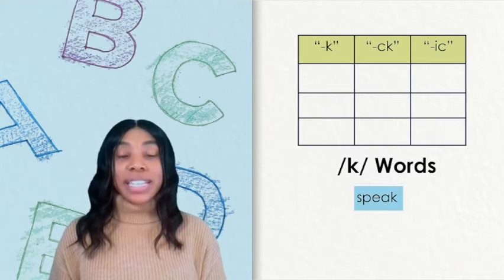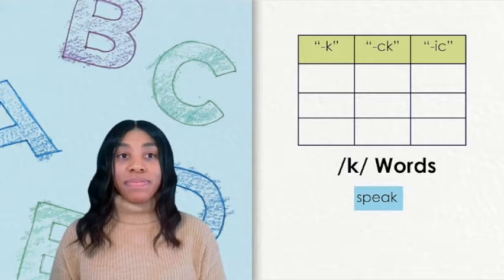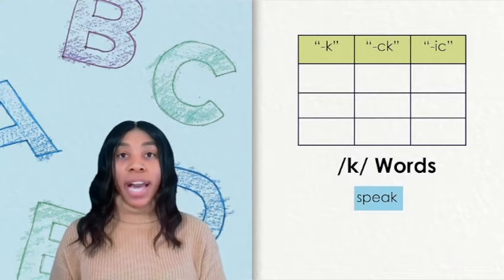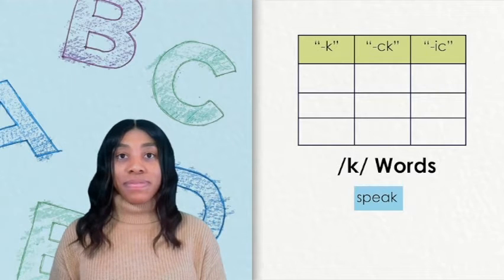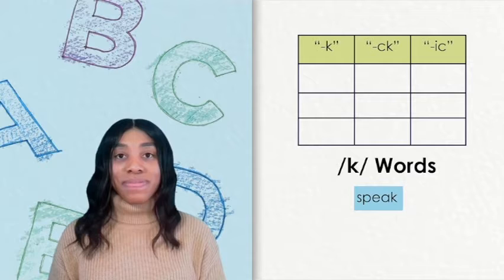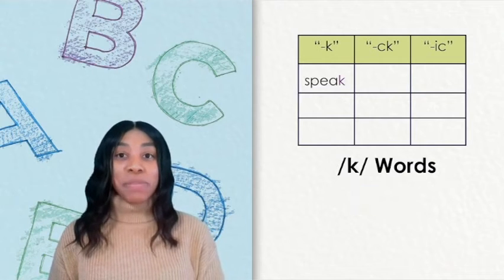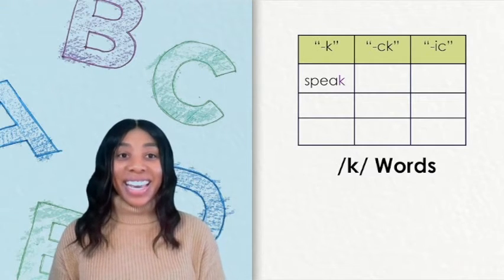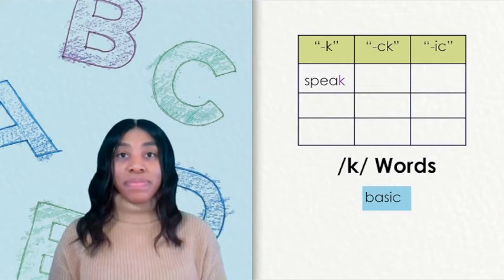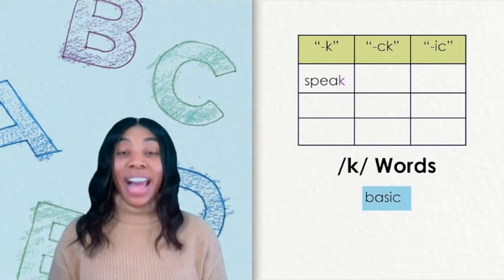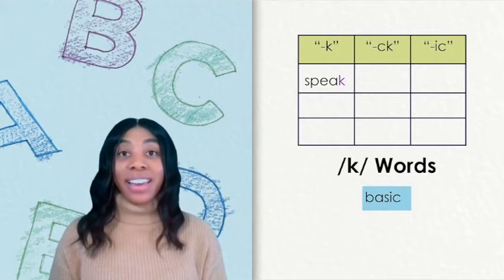Our first word is speak. Does it use the spelling pattern K, CK, or IC? Speak uses the spelling pattern K at the end. Let's try another. The next word is basic. Does basic have the spelling pattern K, CK, or IC at the end?